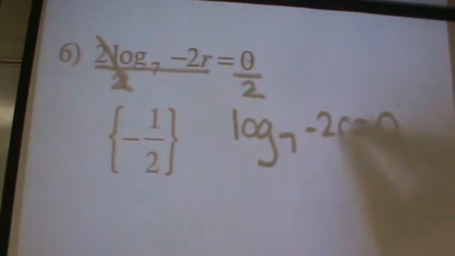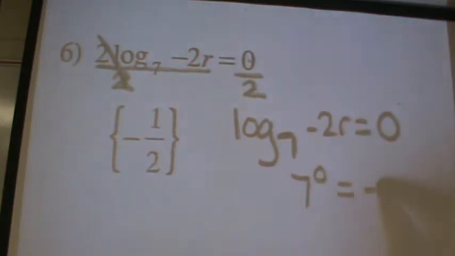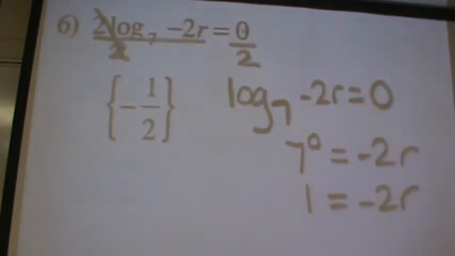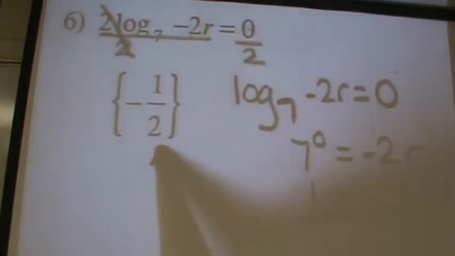What do I start with? 7 to what power? 0. And what's anything to the 0 power? 1. And now what? Solve, and did we get the same answer that they're saying? We sure did.